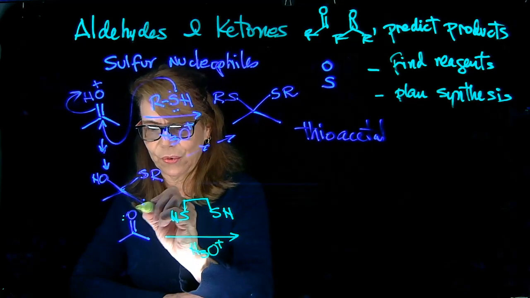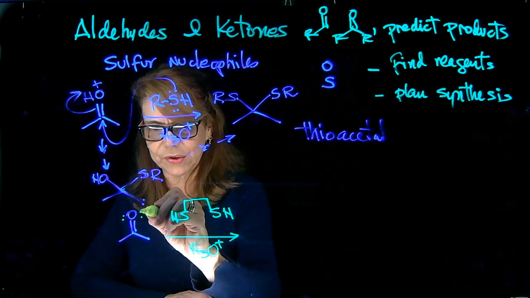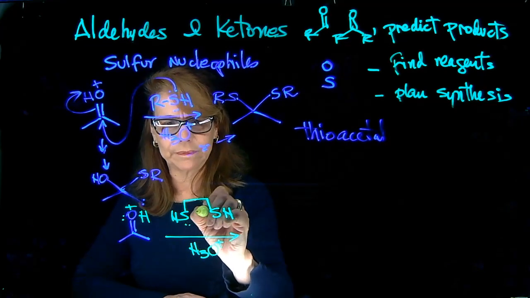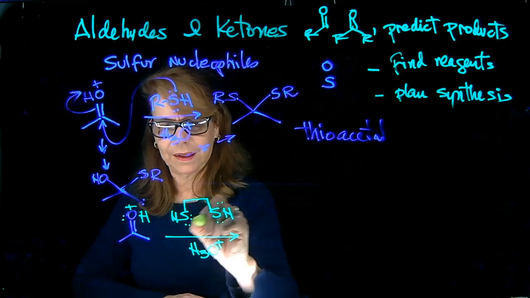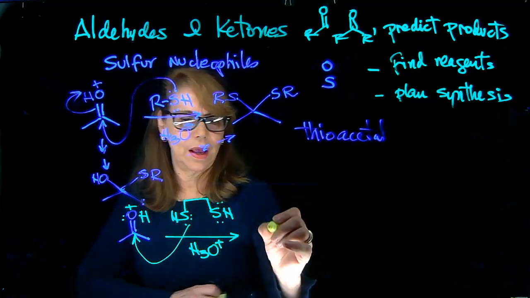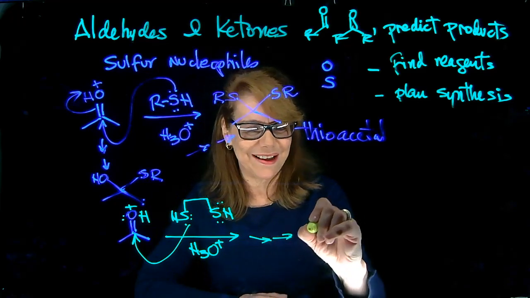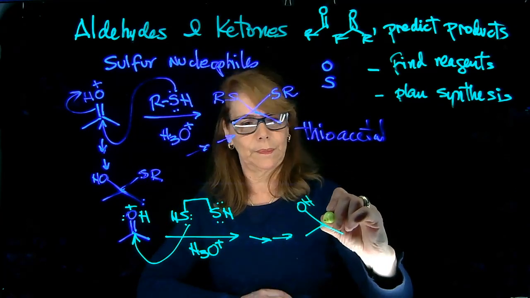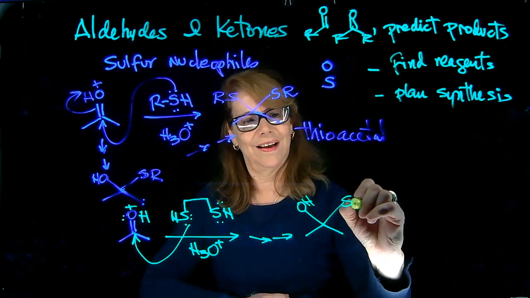So I'm going to do the protonation step first. Let's do it right away. Acidic conditions. And then I have a nucleophilic attack over here. Steps. I'm going to have the hemithioacetal.